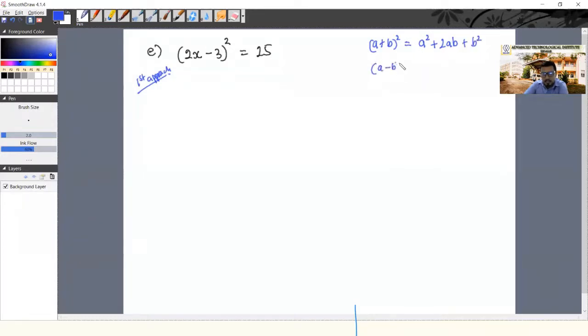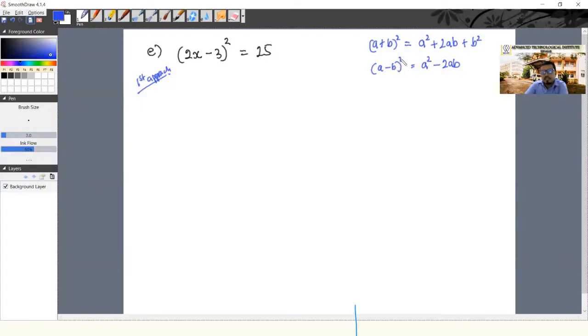Okay, now for a minus b the whole square, how should it be? Square value of the first term, that is a squared. Then first term into second term into 2. A into minus b, that is minus ab. Minus ab into 2, that is minus 2ab. Then the square value of the second term, minus b squared, right?